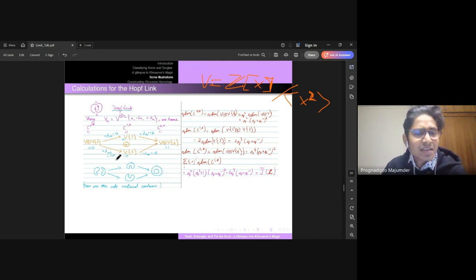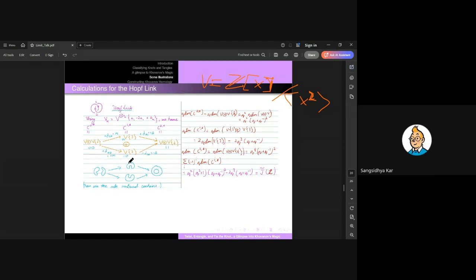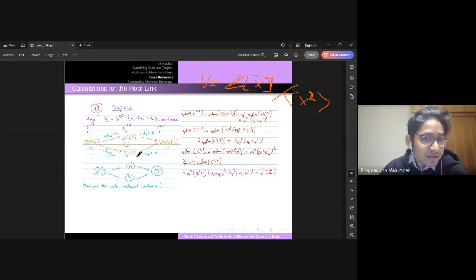So you have something here, and there are maps between these following the diagrams. When you take the kernel mod image of these maps, you get homology. It's very difficult to explain a homology theory in such a short time, so I'll gloss over it.